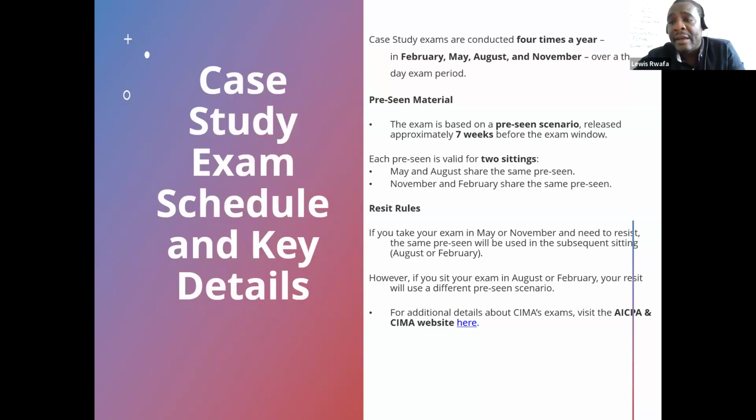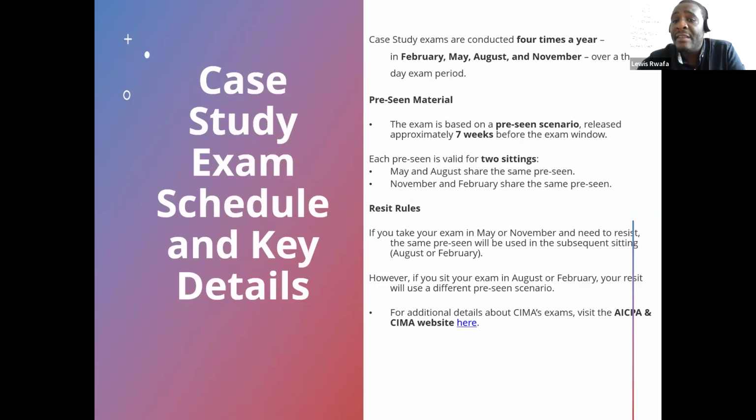CIMA sets different exam variants on those different days, but regardless of what day you sit, you can rest assured that the exam standard, the degree of difficulty, will be the same. That is why CIMA uses a scaled score scoring system, just to make sure that everyone gets fair marking.